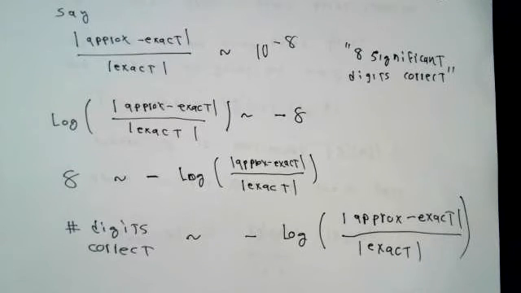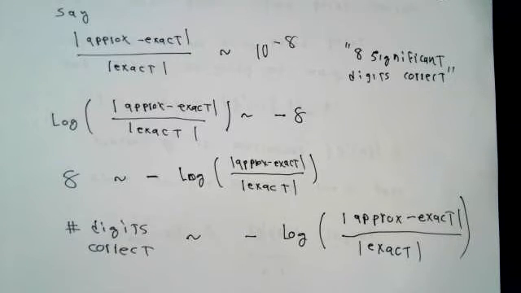I want to take just a moment to make a side comment. Let's say we're trying to compute some number. It has an exact value, and we have some sort of approximation to it. We defined the relative error to be the absolute value of the approximate minus exact divided by the absolute value of the exact.